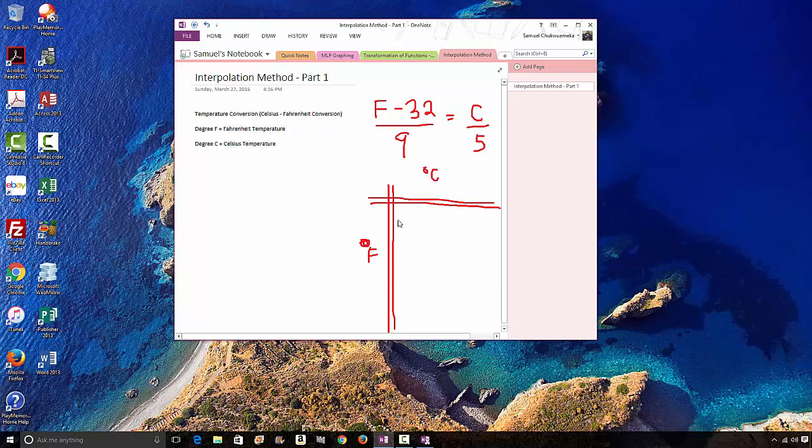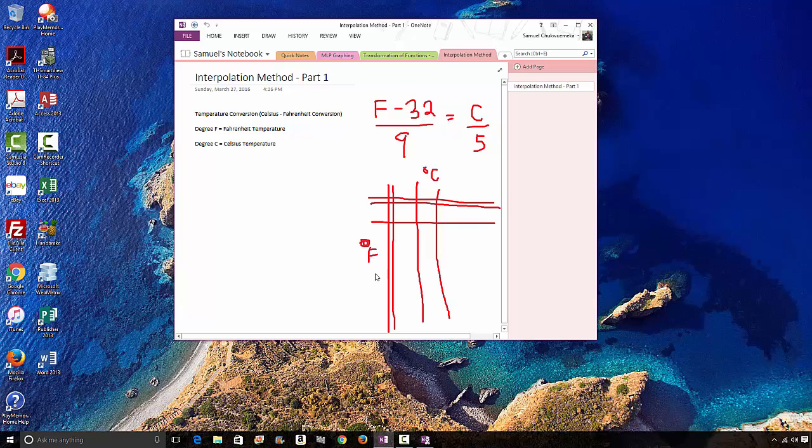So you have several values of which one corresponds to which one. A temperature of this in Fahrenheit will be a temperature of what in Celsius. Something like that chart. And you probably don't have a particular value on this chart.